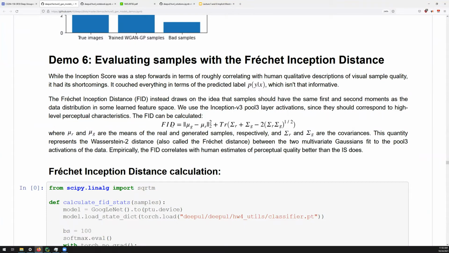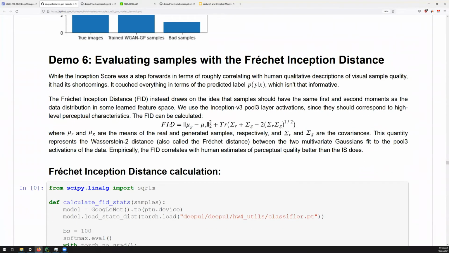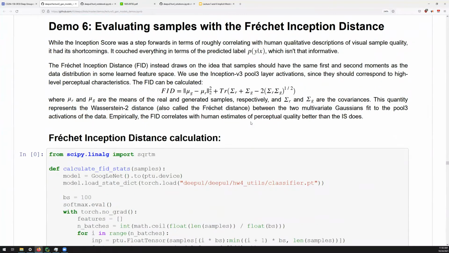So here, the higher the entropy, the better the score. Here, the smaller it is, the closer you are in some feature space, and then it's better.